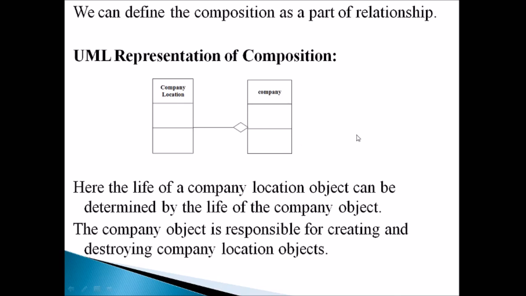If there is a company in any place, it is called a company location. If the company is not there, it is not a company location. So the company location depends upon the company. Company is the parent here and company location is the child. Now company location is composed of company. The company object is responsible for creating and destroying company location objects.